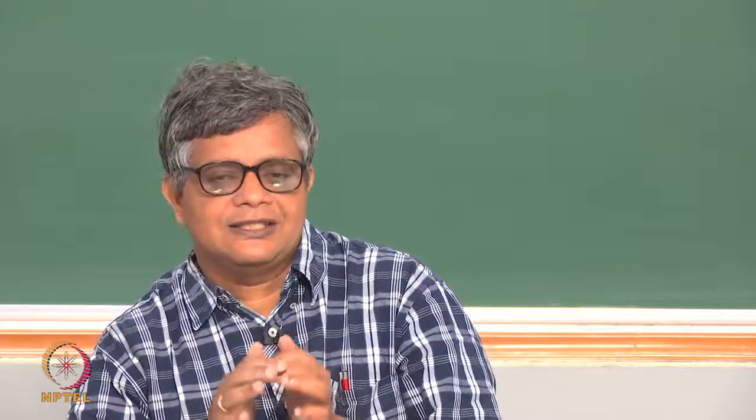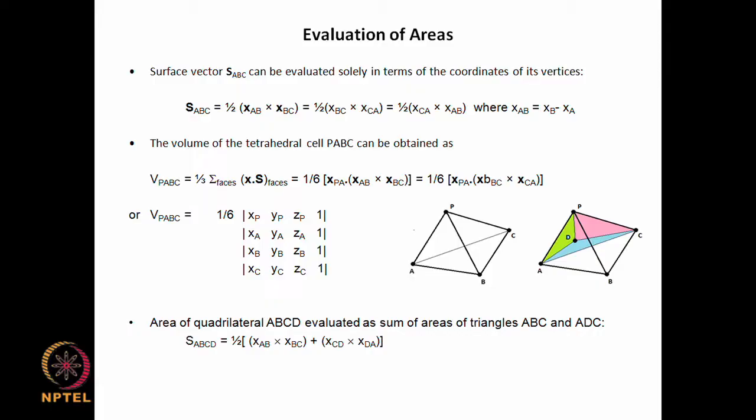If you do this, then for whatever cell you are evaluating these things, for the same vertices making up that particular plane, surface or volume, you will always have the same surface area vector, and that is necessary for a consistent evaluation of the fluxes.